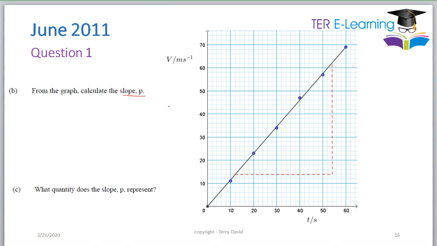When you are finding the slope, please do not use any points that you have plotted, because when you plot data, that is experimental data, the data you collected when you did the experiment. When you draw a line of best fit, that averages out all your data, so that line represents a combination of all your experimental results.